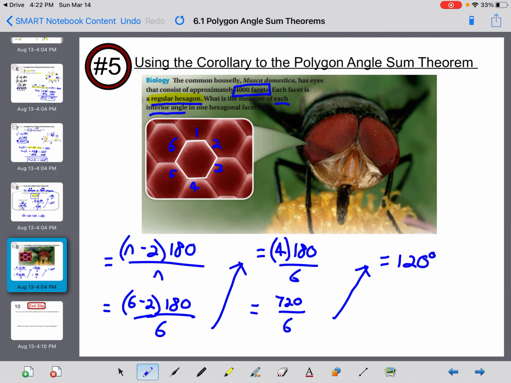So each angle inside of a regular hexagon is going to be 120 degrees. And all those added together gives you 720.